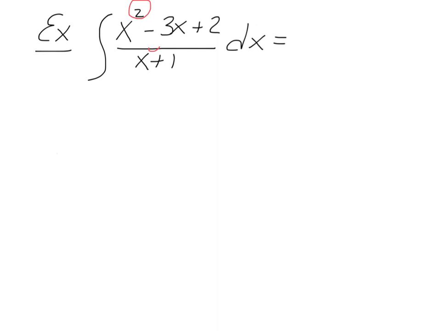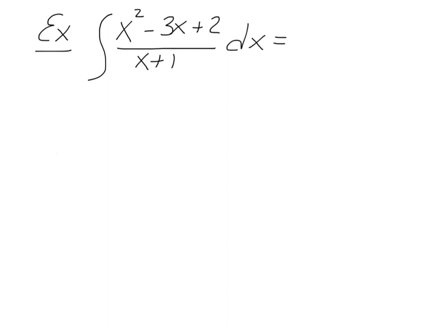So let me clear out my red things here. So it's improper. The degree of the top is equal to, or in this case, bigger than the bottom. We are going to break this fraction apart using long division, polynomial long division.